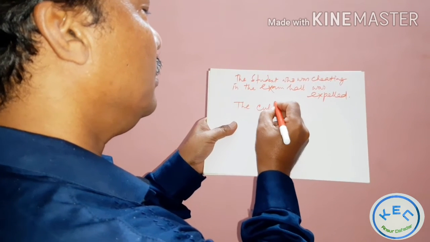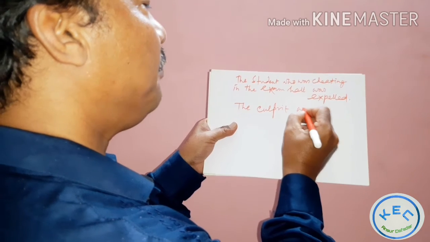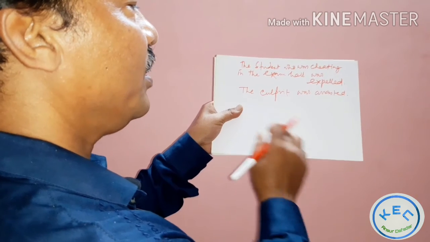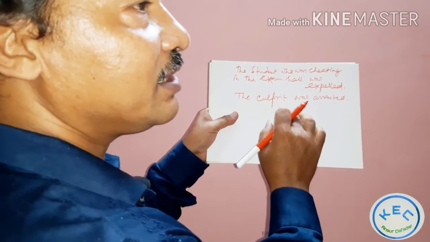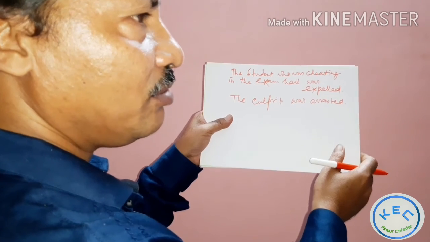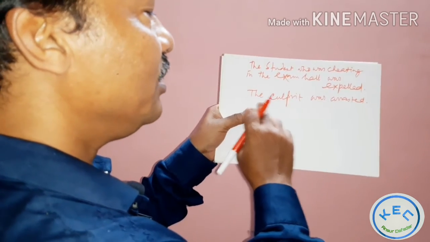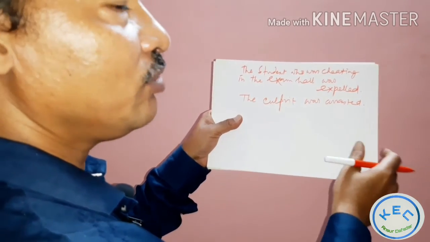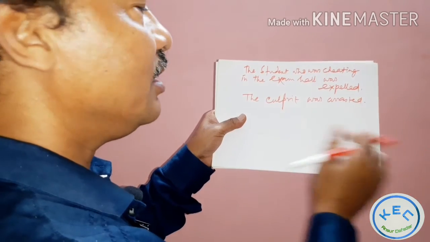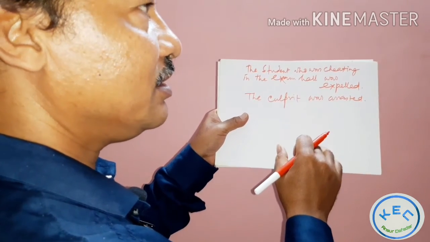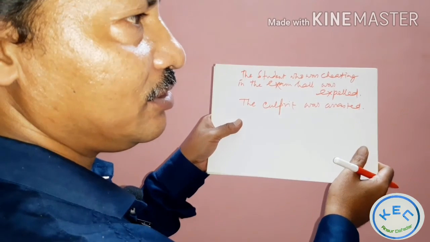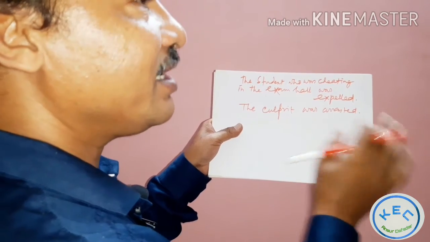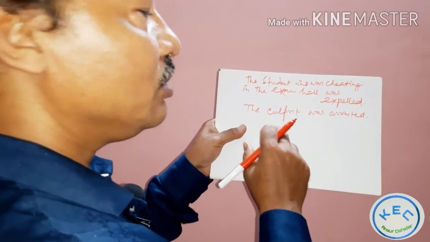The culprit was arrested. Here we should not mention the name of the agent, meaning the police. That's why we use passive voice sentence. We know that the culprit was arrested by the police and the police arrested the culprit, but we should not use active voice sentence. In such cases where we know very well who the doer is, we should use passive voice sentences.